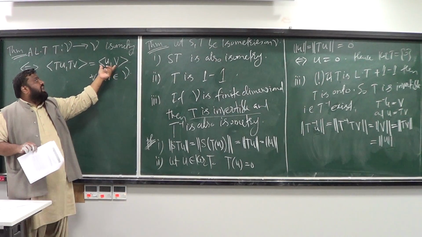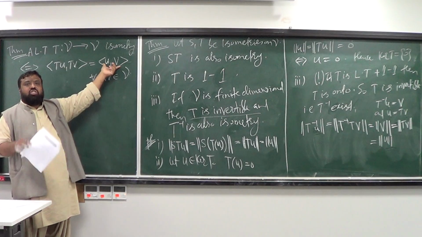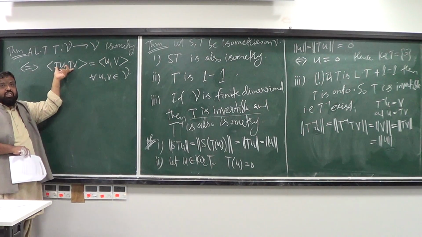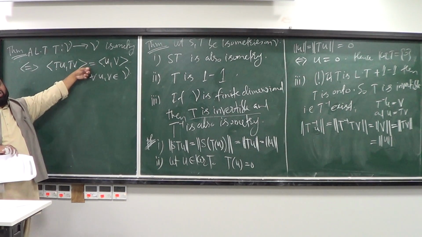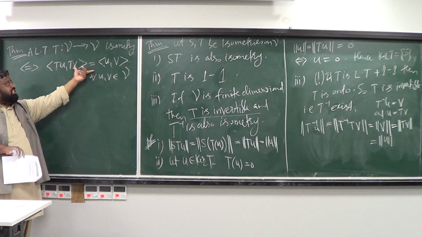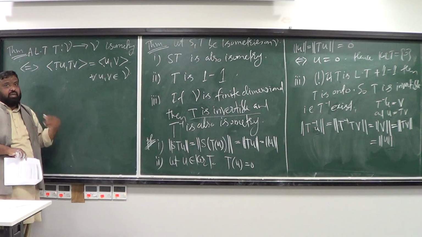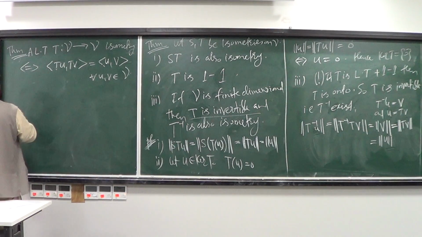You take two vectors and compute their inner product before transforming them, and compute their inner product after transforming them under T, and they should be equal. If this is happening, T is an isometry, and if T is an isometry, this must happen.